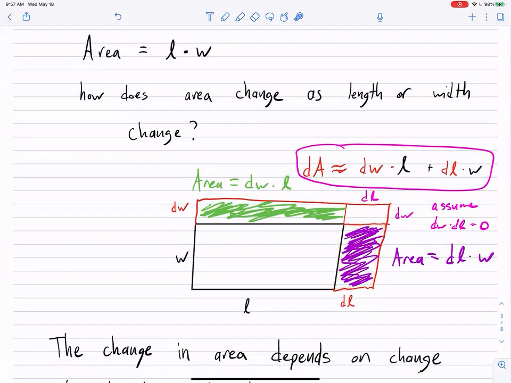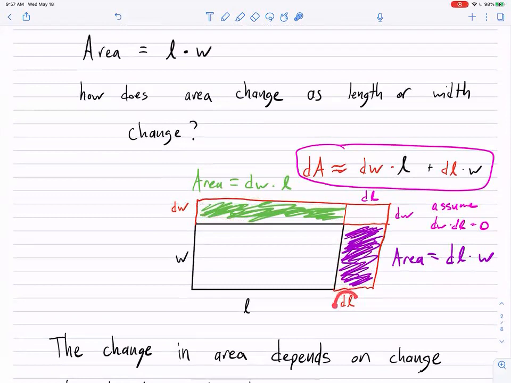And the amount that we change the area by when we change the width is this little rectangle right here. It's the change in width times our fixed length. So the change in area is this little green rectangle plus this little purple rectangle.